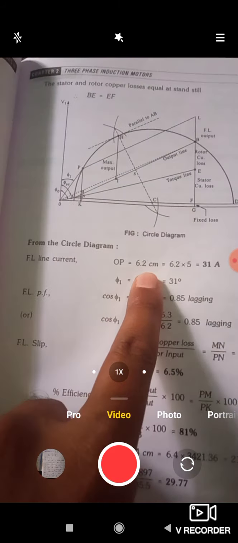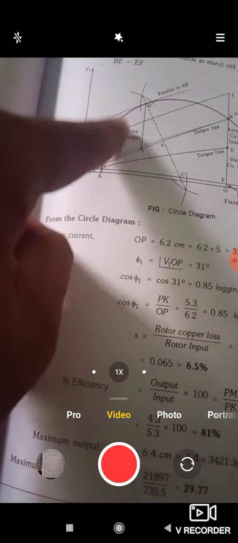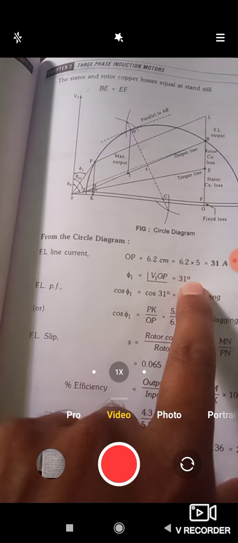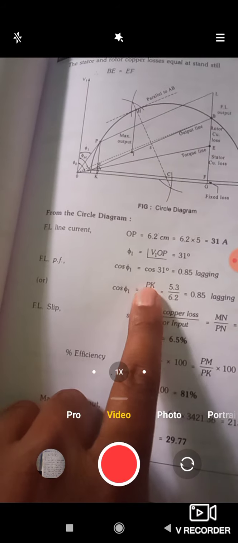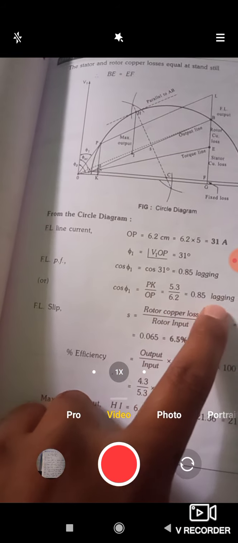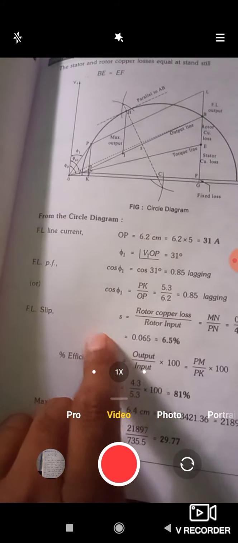That is, full load line current equals OP, which is equal to 6.2 centimeters, that is 31 amperes. So from O to P, it is 6.2 centimeters. We have to find this in the graph, and also the angle has to be measured, VOP angle, that is 31 degrees. So therefore cos phi 1 equals 0.85 lagging. Or you can find it another way, PK by OP, similar to 0.85 lagging.